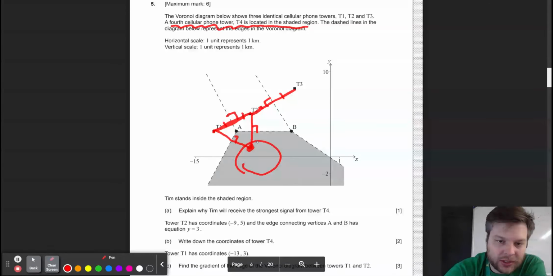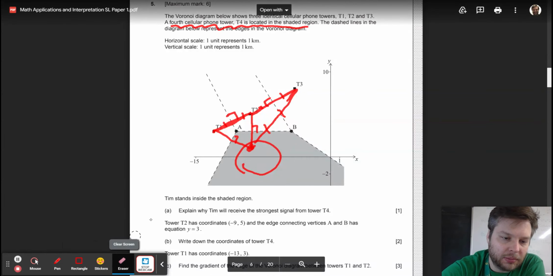It's not going to be a perpendicular bisector with T3, because when I try to reach over to T3, this zone right here is going to be closer to T2. So I can ignore T3 when I'm trying to think about this shaded area. T3 is not close enough. So it's only with T2 that I have to worry.